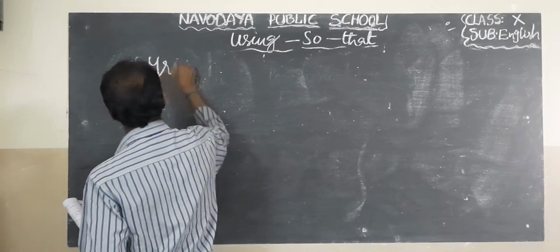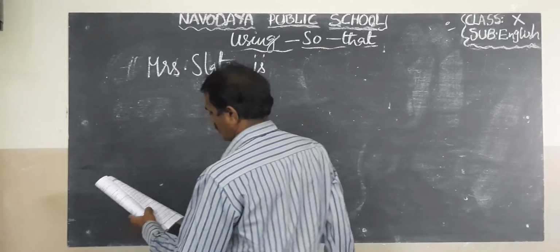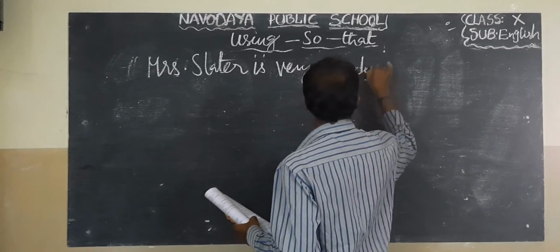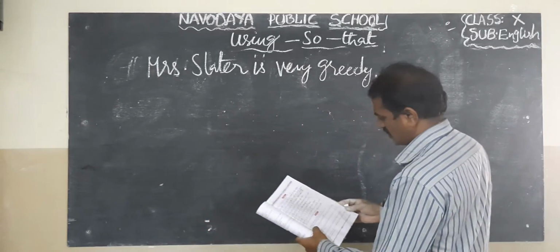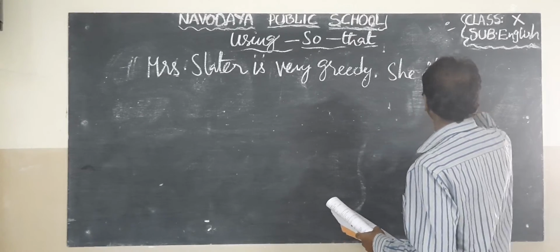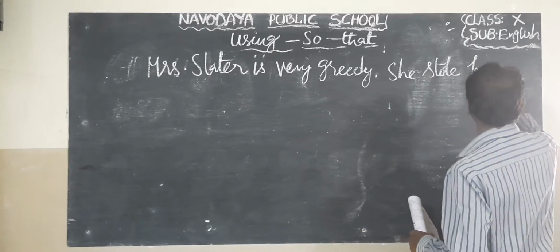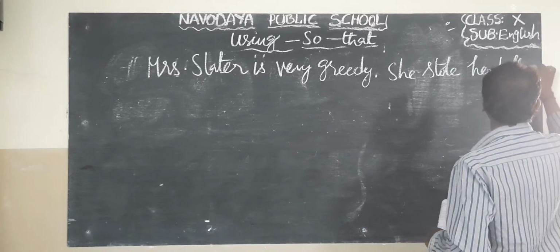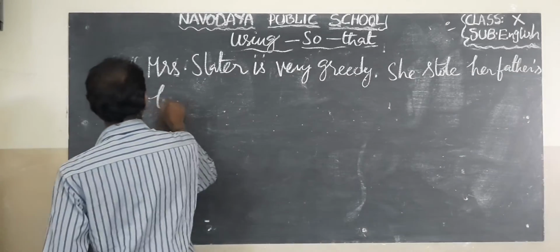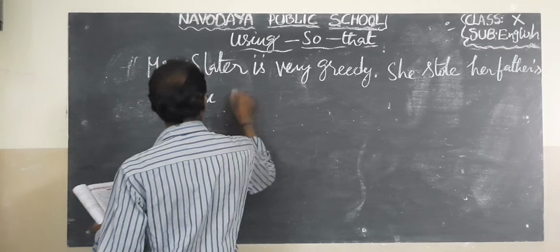Mrs. Slater is very greedy. She stole her father's bureau and clock.